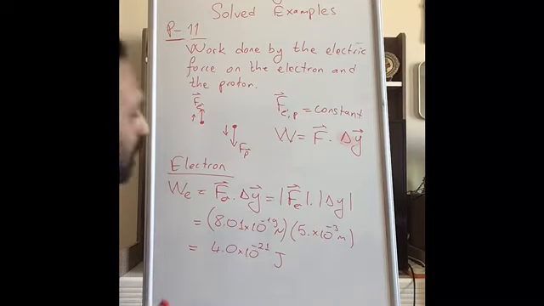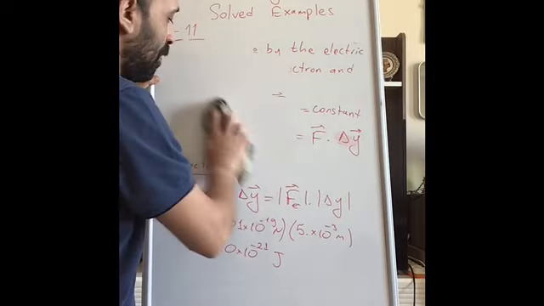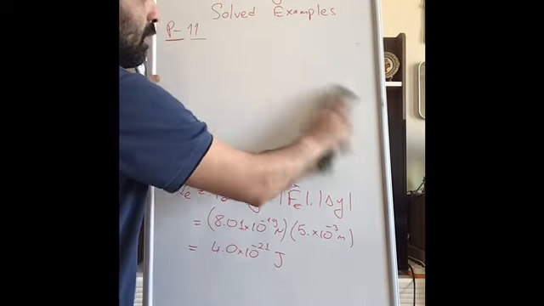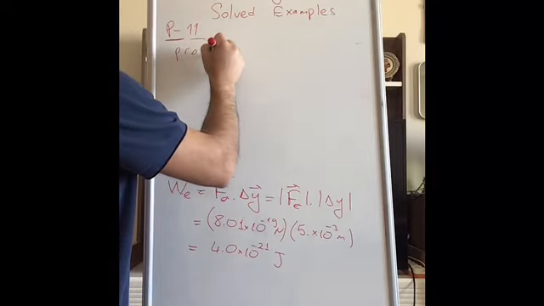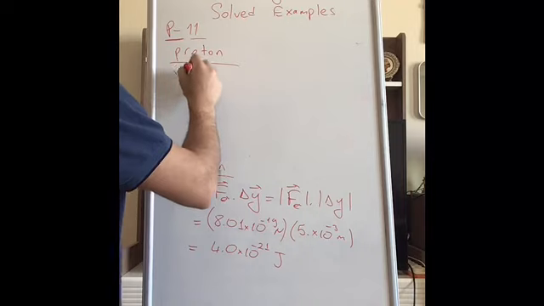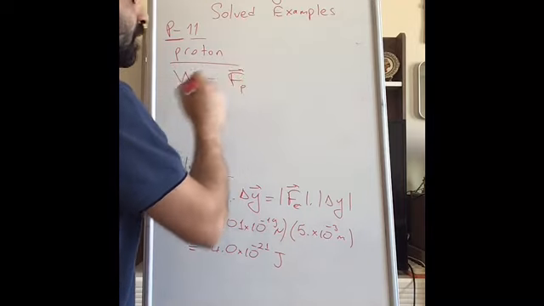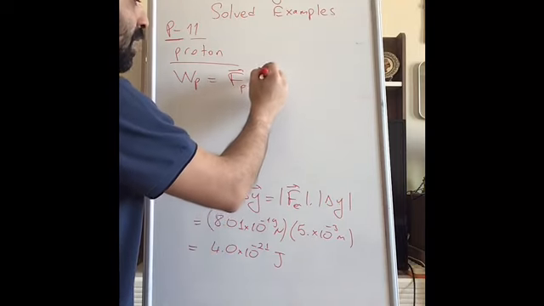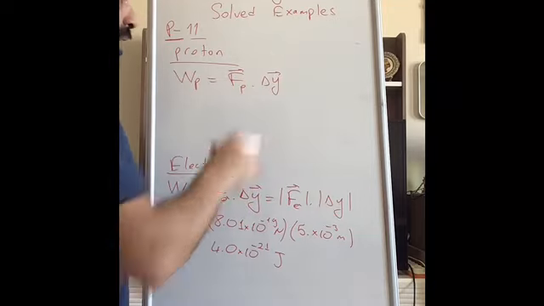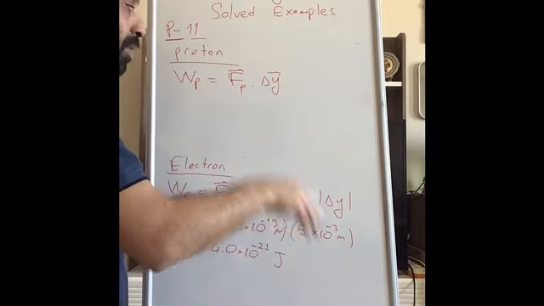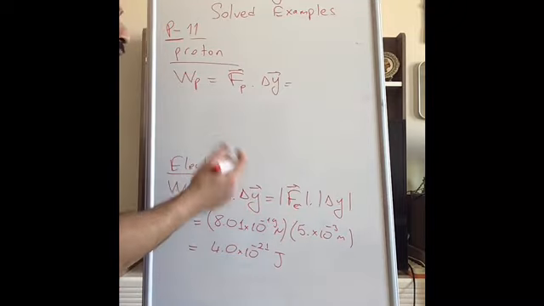Alright, so 4 times 10 to minus 21st joule is the work done by the electric force on the electron. Now let's move to the proton. Okay, I'm going to clean this part up. Alright, proton. Now the work of the electric force on the proton will again be equal to the scalar multiplication of the electric force on the proton times delta y proton. And again, actually delta y is downward, but F proton is also downward. They are parallel to each other. The angle between them is 0.